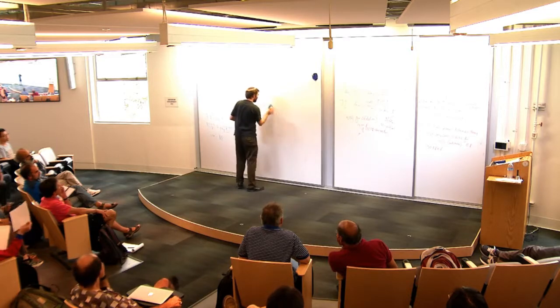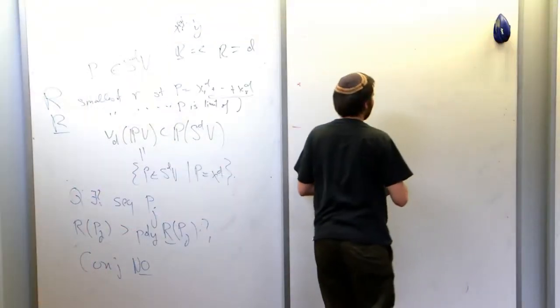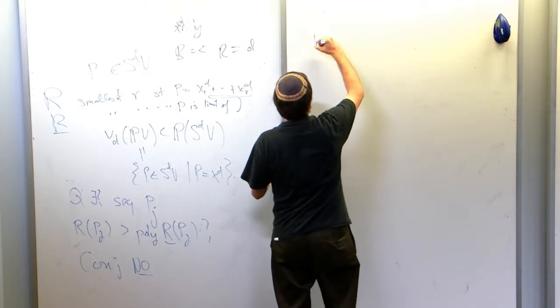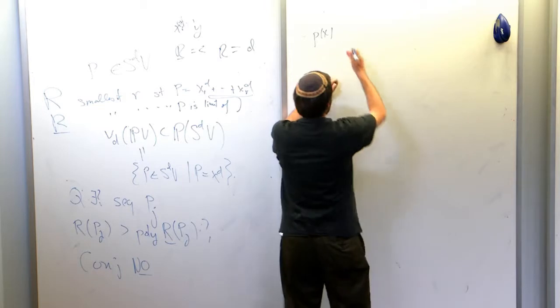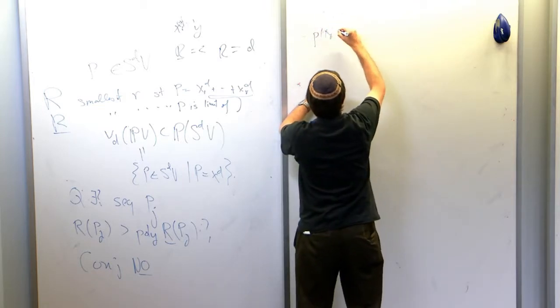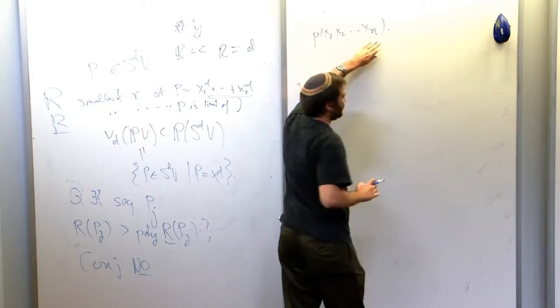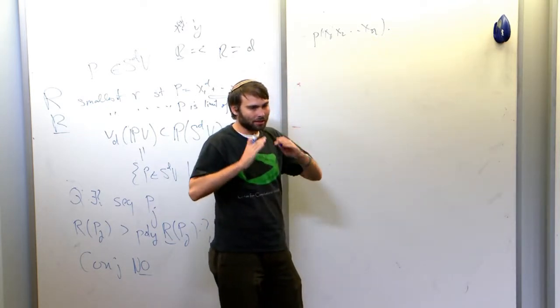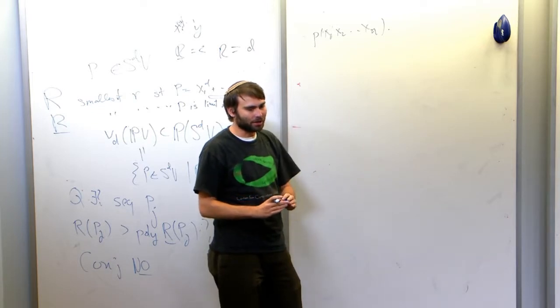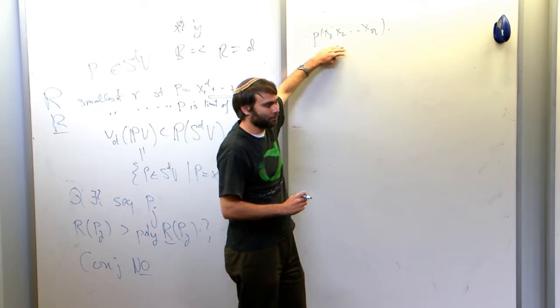So the problem is the following. Assume that you have a polynomial P of x1, x2, and so on, till xn, and I want to find one concrete polynomial which is not identically zero on any subspace of dimension, say, 10. What's the minimal degree of this polynomial we can find?